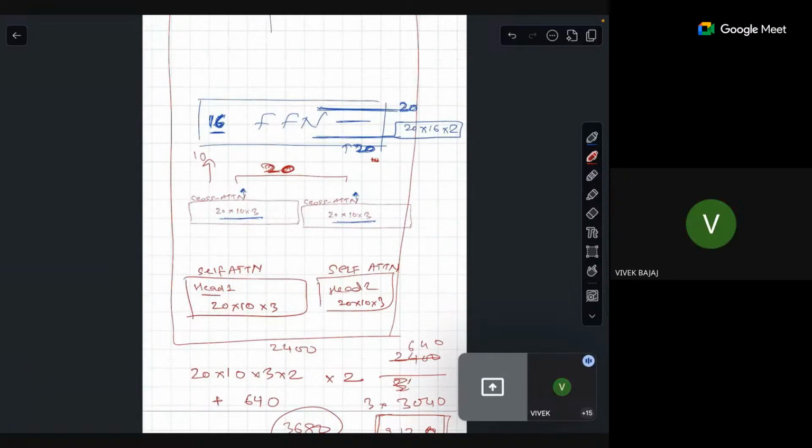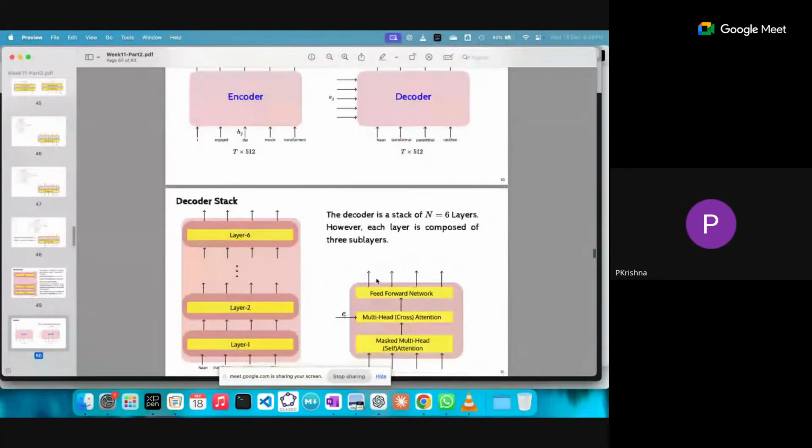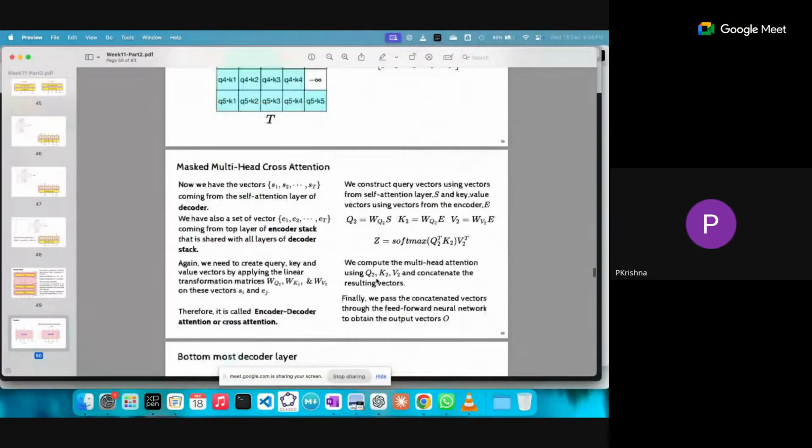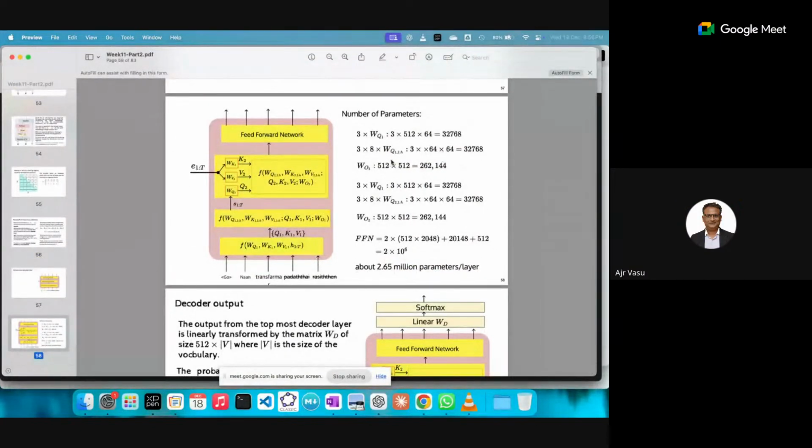But in the diagram, in the slide, there was this one other vector, W0. If you want, I can share my screen and show it. Yes, please. Try to follow this, because they give some rough estimate.